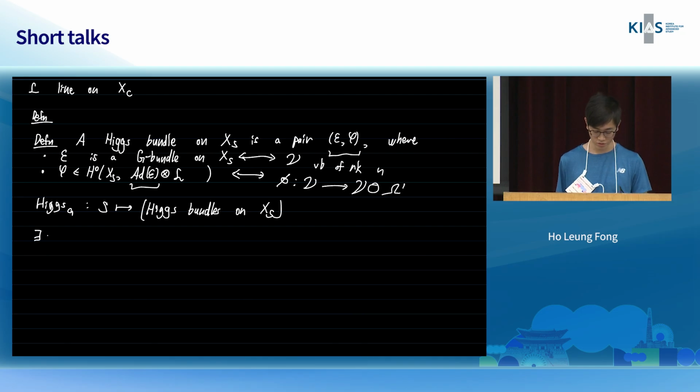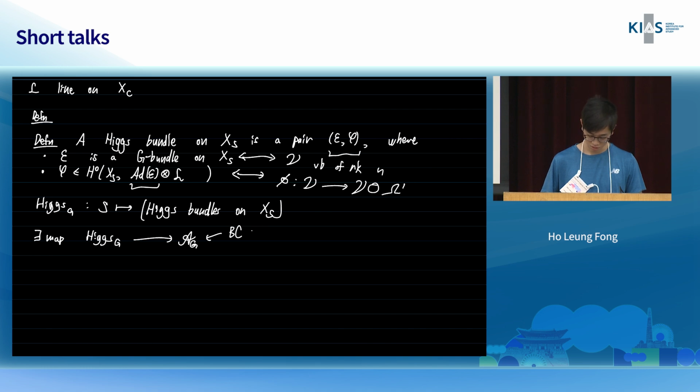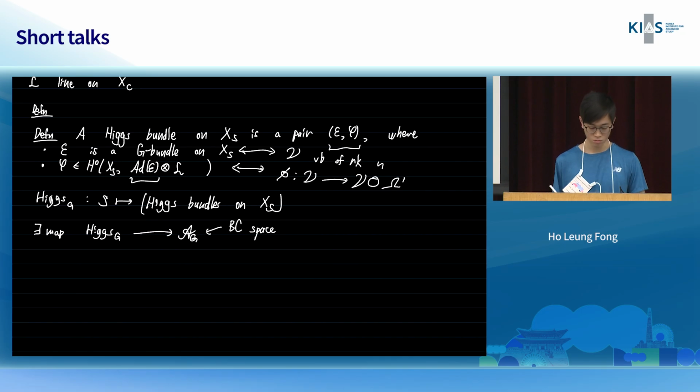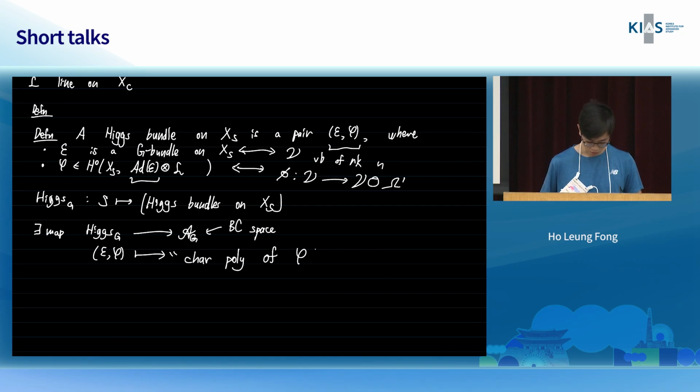And one important feature is that there's a map like this, where this A_G is a Banach-Colmez space, and this map essentially sends a pair (E, phi) to the characteristic polynomial of phi.